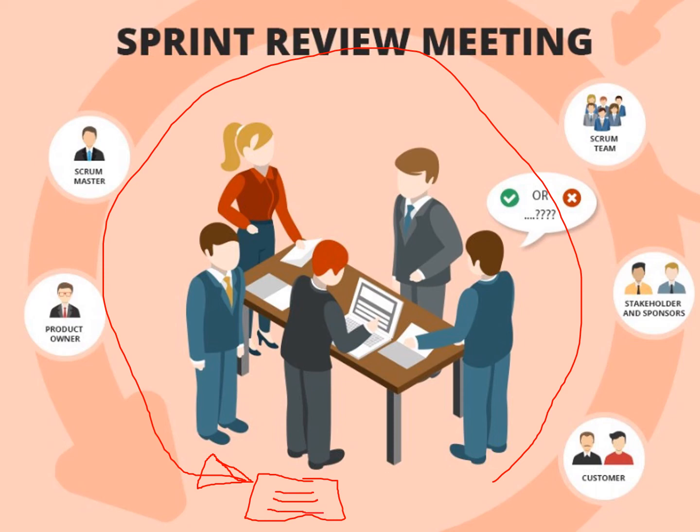So who is involved in this? Normally the Scrum Master, the product owner, and the Scrum team who present, and then we have the customers or the users and the stakeholders, if there are any. So they are just reviewing the work done, based on the story, as we say. Okay, so it's a kind of review after the work is done.